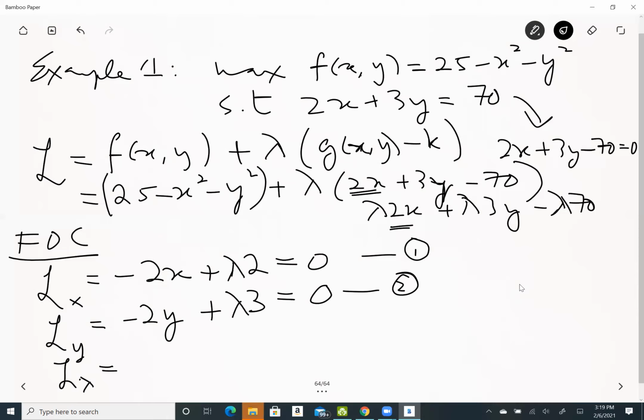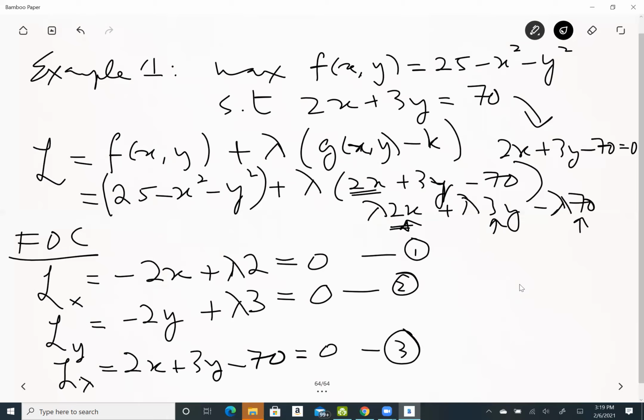If you take the derivative of L with respect to lambda, what do we get? 2x plus 3y minus 70. If you look at the method just now, you will get the constraint, because the constraint is multiplied by the lambda. But you can also multiply everything by lambda, so you got 2x, 3y, 70, the same thing. So I got 2x plus 3y minus 70 equal 0. That is number 3.